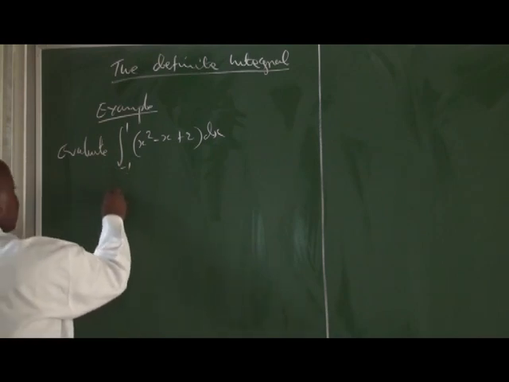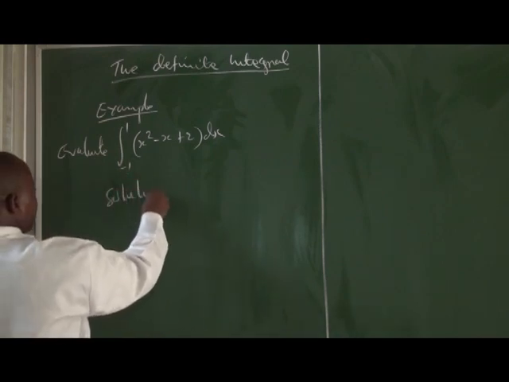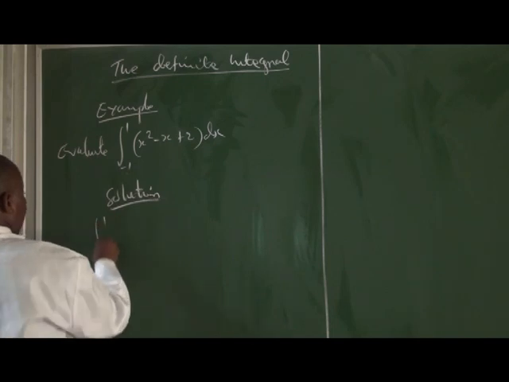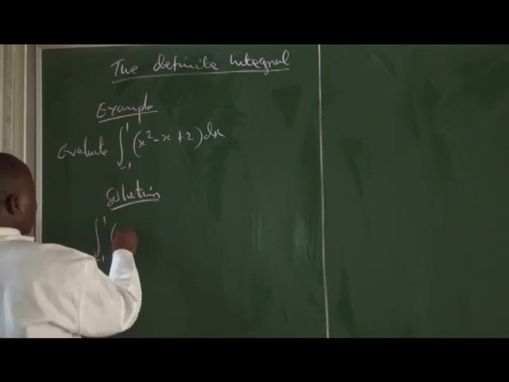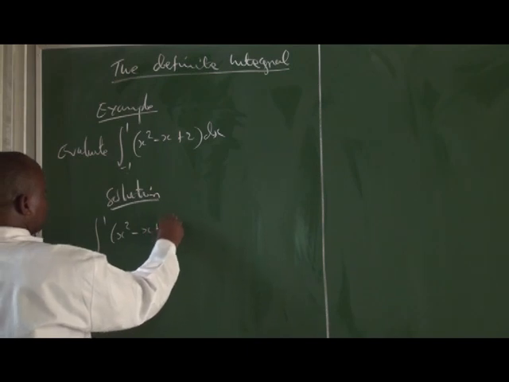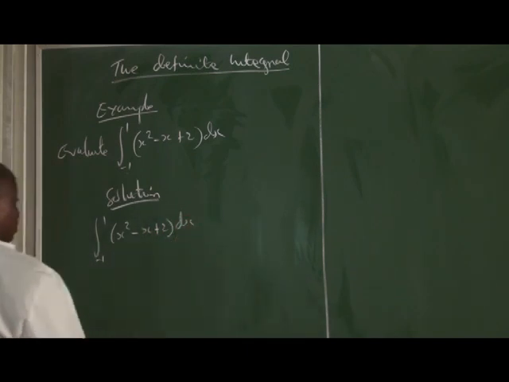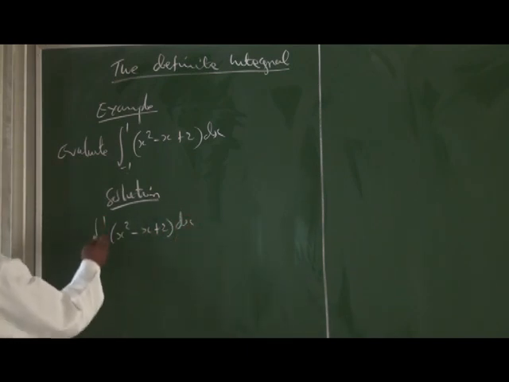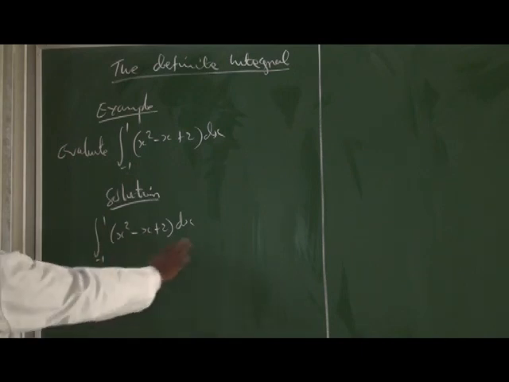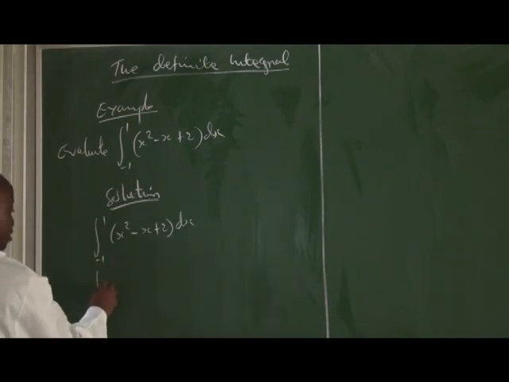So what we'll do is the solution: the integral from 1 to minus 1 of x squared minus x plus 2 dx. First, you keep the upper and the lower limits and then integrate these parts.